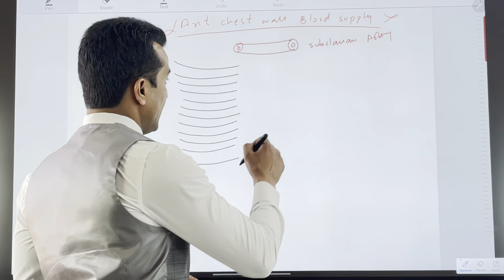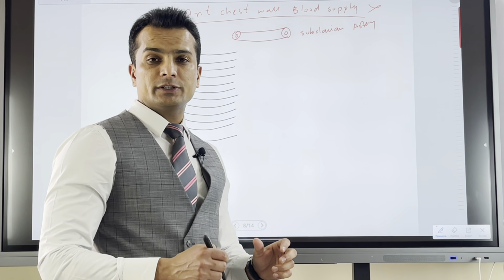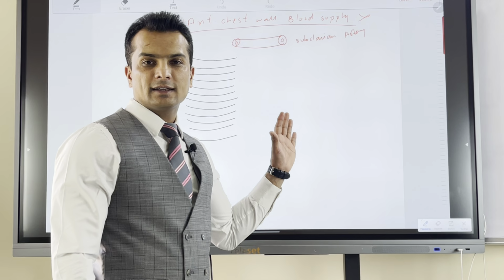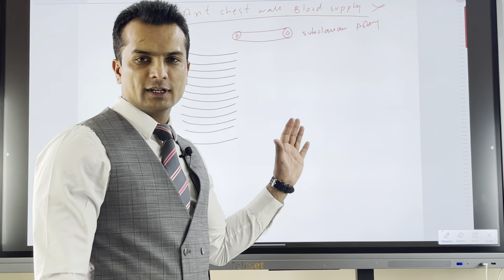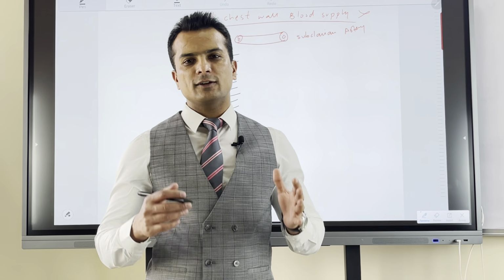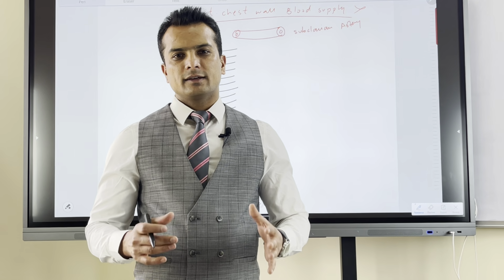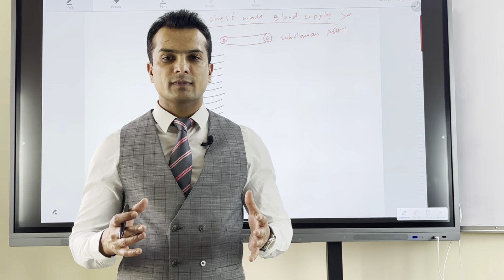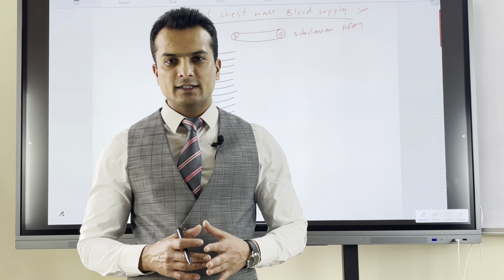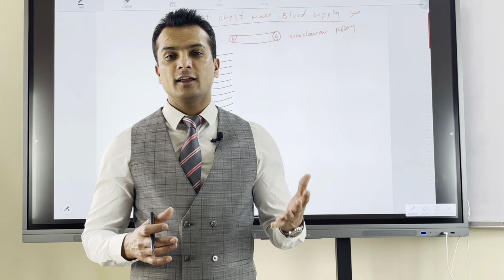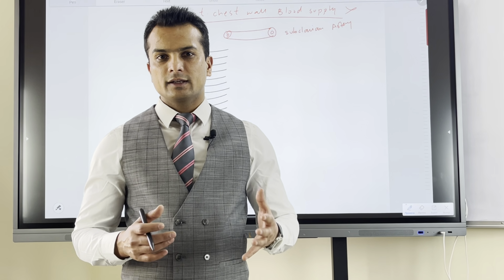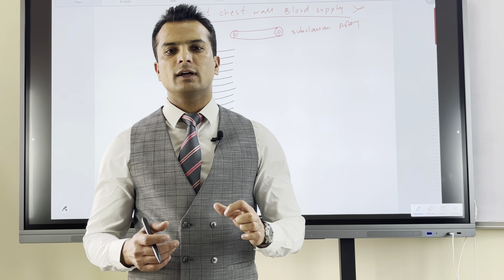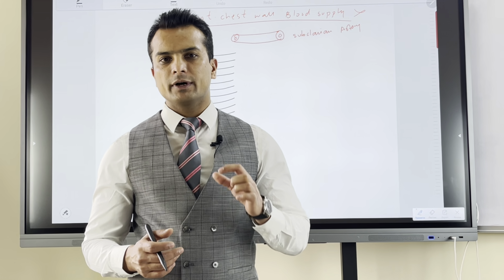So remember, the anterior intercostal arteries of the anterior intercostal spaces come through the internal thoracic artery, which is also a very important artery. I told you in my last lecture, when we were talking about the blood supply of the heart, that the internal thoracic artery, or the internal mammary artery, is nowadays commonly used as a graft in CABG surgery, coronary artery bypass grafting.